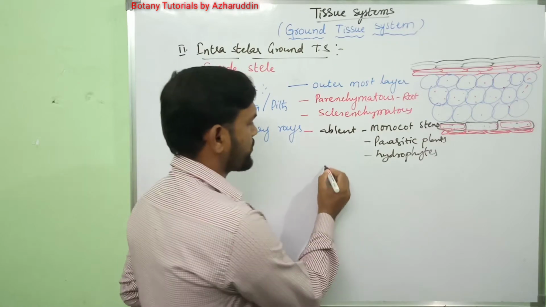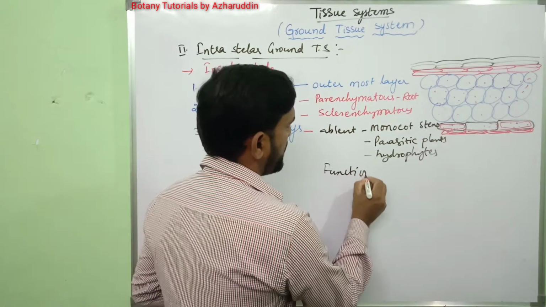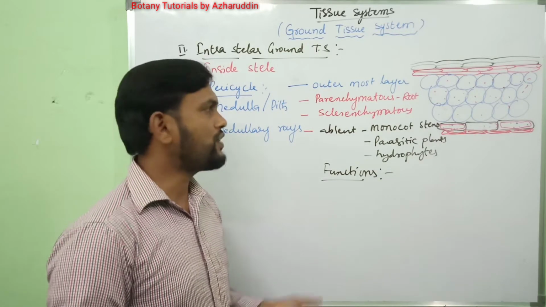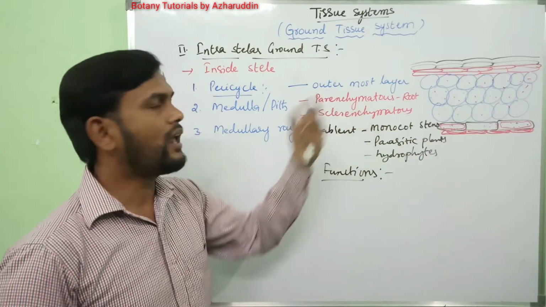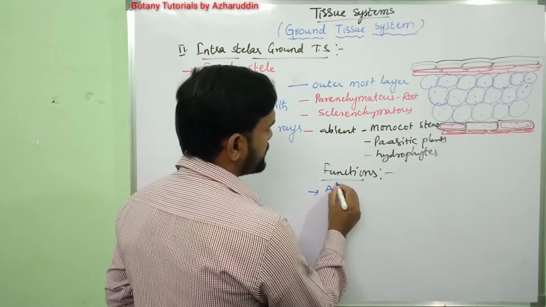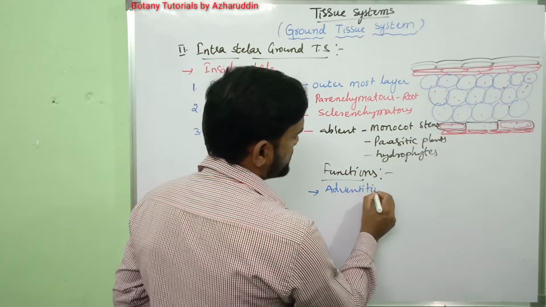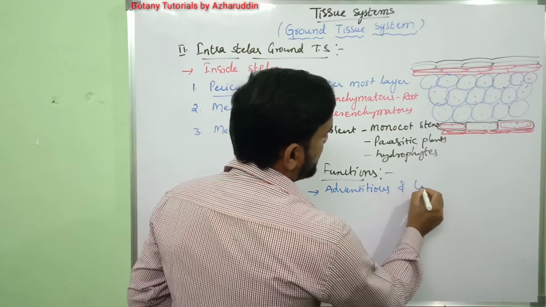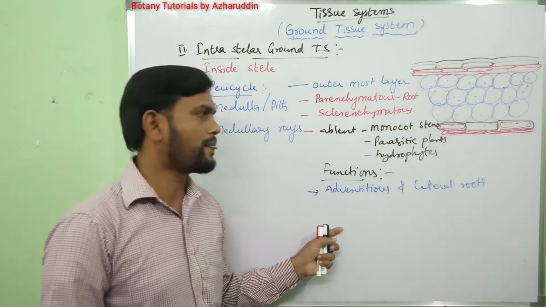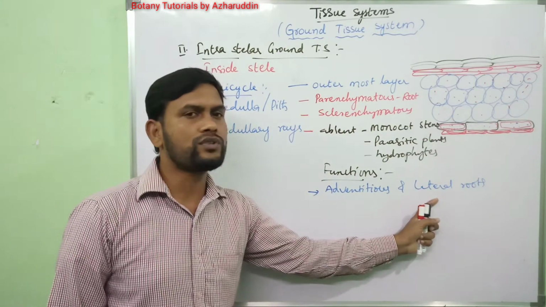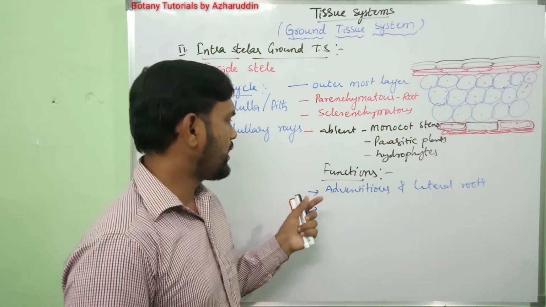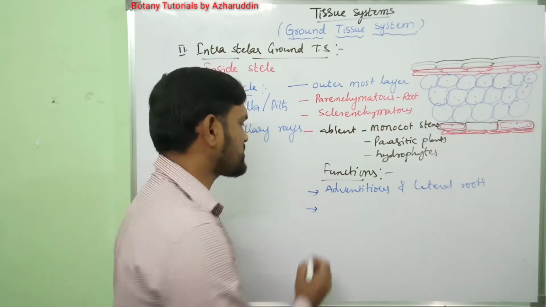What are the functions of pericycle? The main function of pericycle is the production of lateral roots and adventitious roots. Adventitious and lateral roots originate from the pericycle, and this pericycle is useful in the production of vascular cambium.